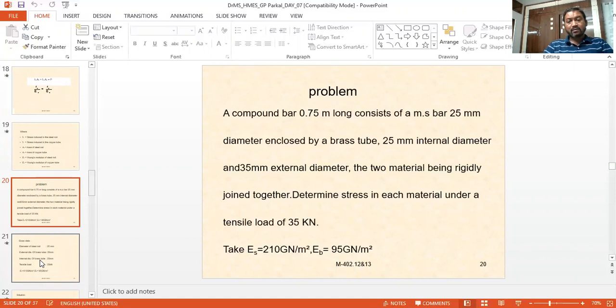The two materials are rigidly joined together.